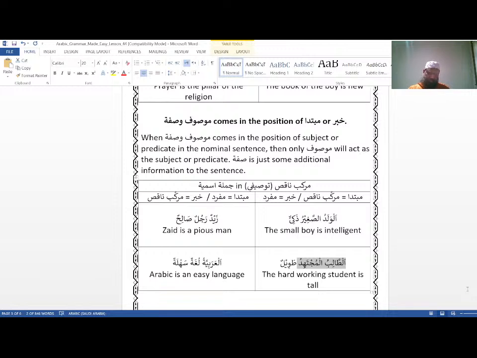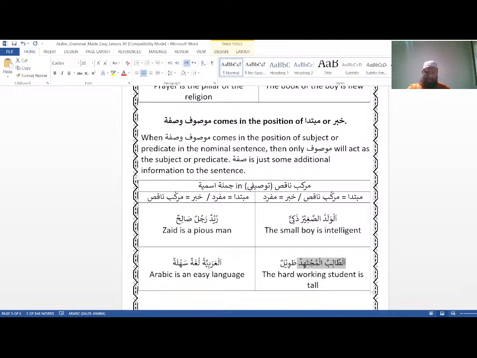In definiteness, alif lam. In i'rab, dhamma. In gender, mudhakkar. In number, wahid. So Talibu is mawsuf, Al-Mujtahidu is sifat, and طويل itself, a mufrad word, is becoming the khabar. The hardworking student is tall.